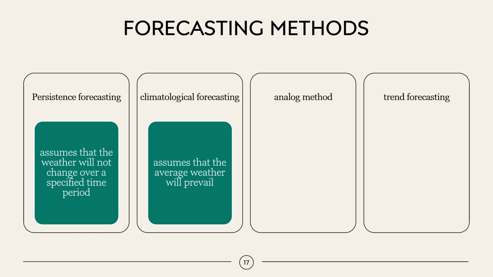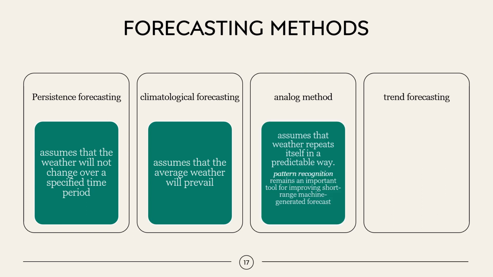And the next one is the analog method, which assumes that weather repeats itself in a predictable way. A somewhat more complex way to predict the weather, since forecasters attempt to find well-established weather patterns from the past that are similar to a current event.